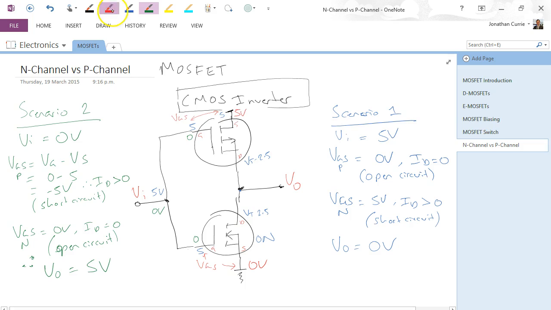So can we now see how it's an inverter? 0 volts in gives 5 volts out, 5 volts in gives 0 volts out. So it inverts. If it's a low signal, it goes high, and if it's high, it goes low. And we can do that by using a P-channel device and an N-channel device. In this case, they're both enhancement mode. But it's a nice way to see how the P-channel device works.